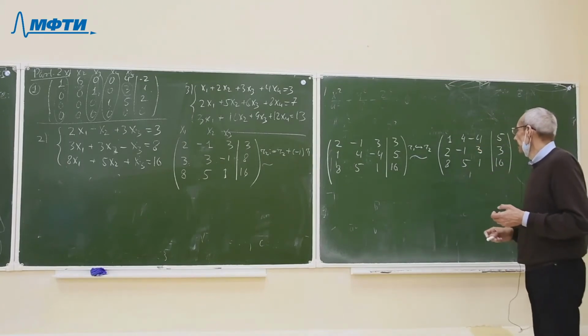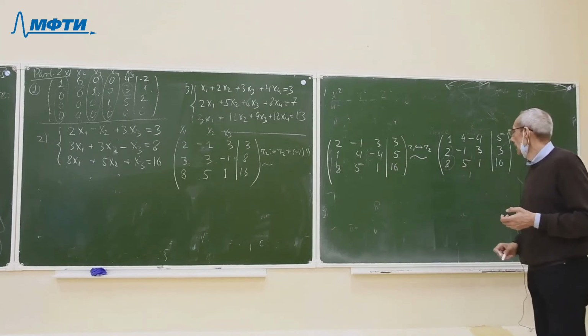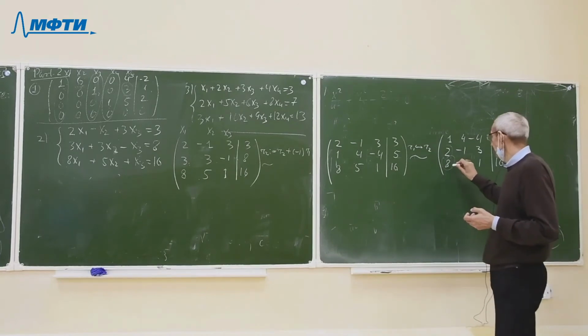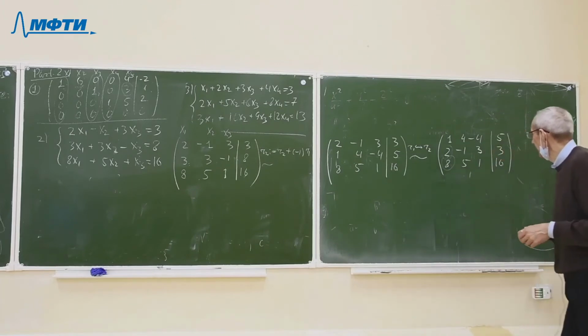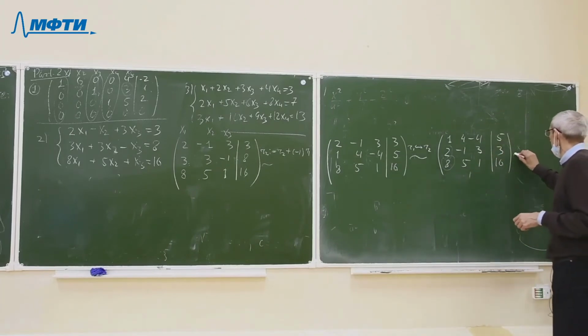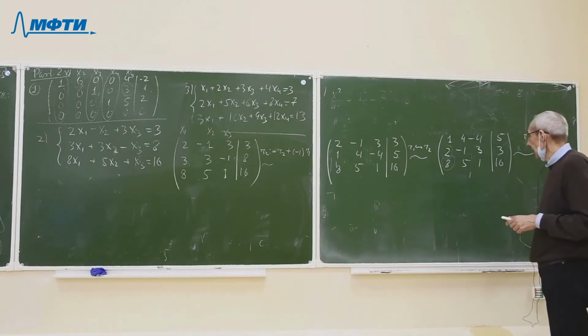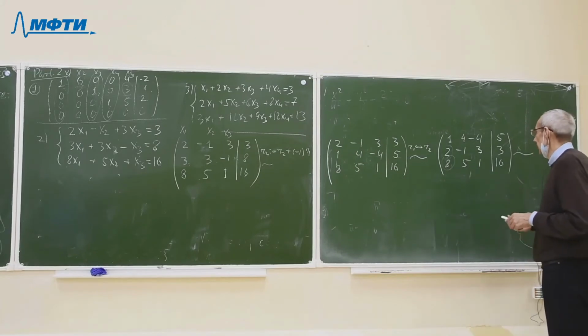Our goal is to transform this element to 0. We can subtract from the third row the second multiplied by 4.